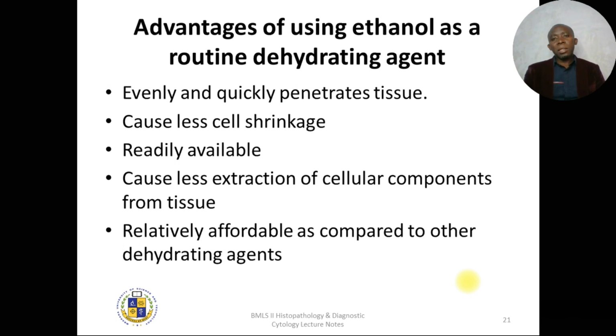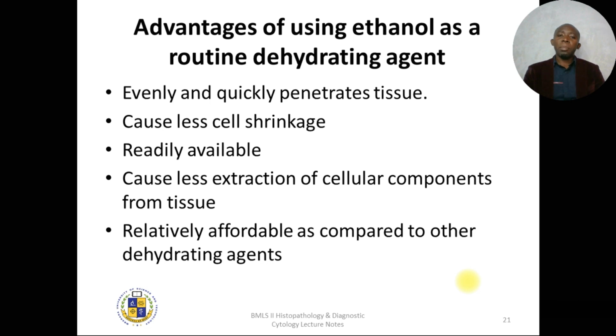So what are the advantages of using ethanol as a routine dehydrating agent? Just like you saw, we have a long list of dehydrating agents, but why do we prefer ethanol as the best dehydrant? One, it evenly and quickly penetrates the tissue compared to other dehydrants. That's an advantage, because we want a dehydrant which is going to give us a picture that is going to be useful diagnostically. Number two, it causes less cell shrinkage.